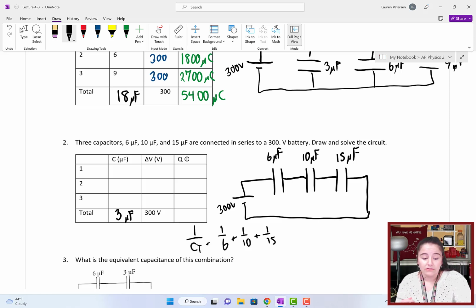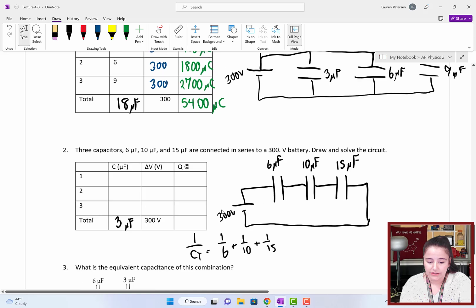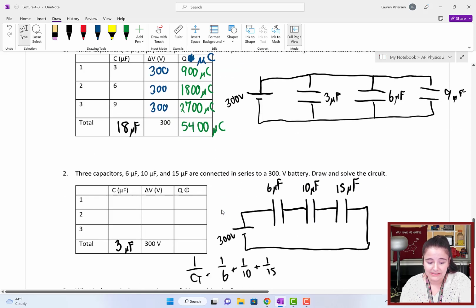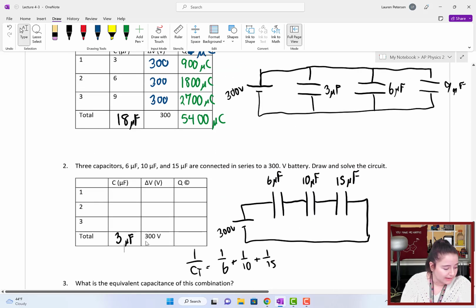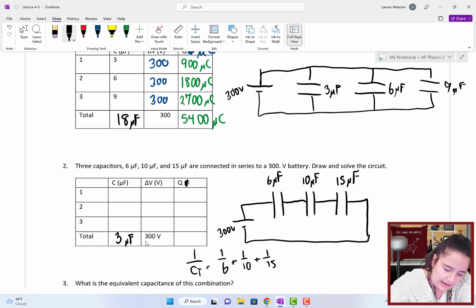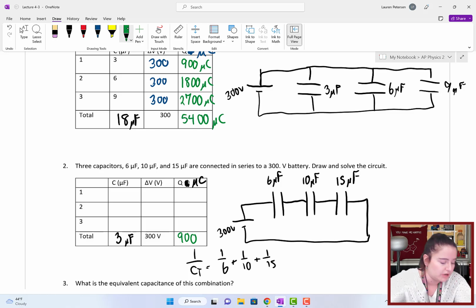So from Q equals C delta V, 3 times 300. Again, I'm going to put this in microcoulombs. That gives us 900 microcoulombs of charge. So it's going to be 900 microcoulombs on each individual capacitor.